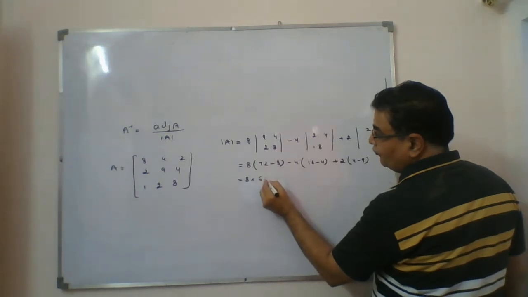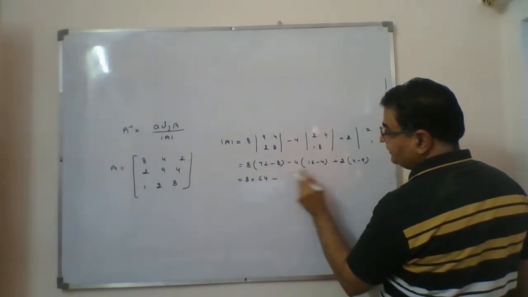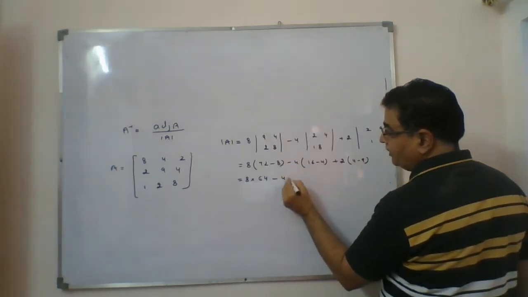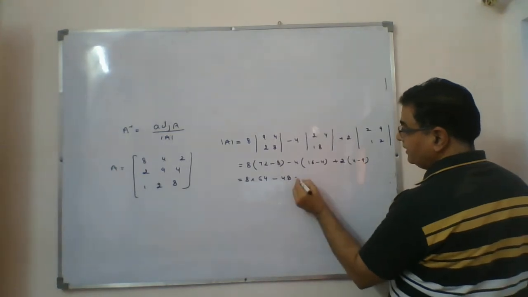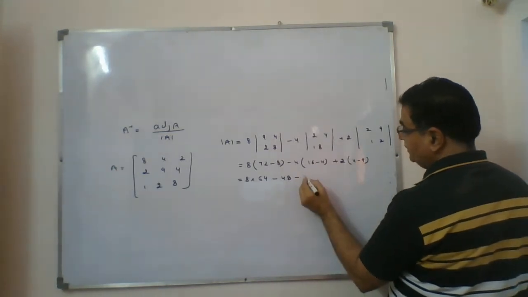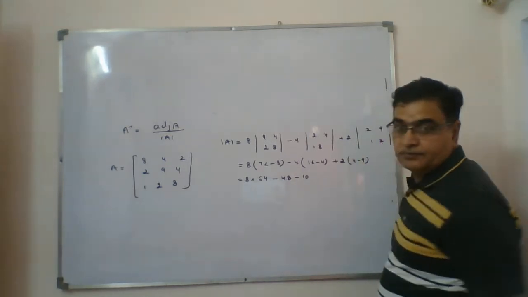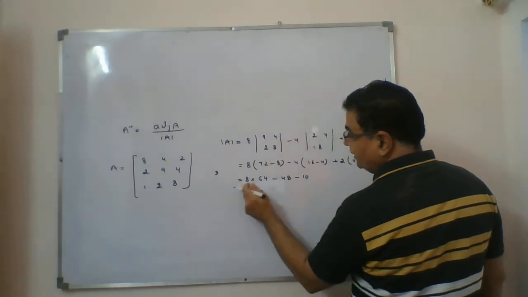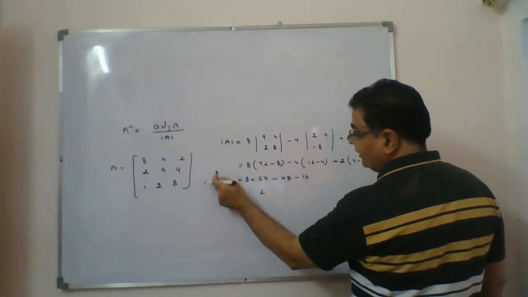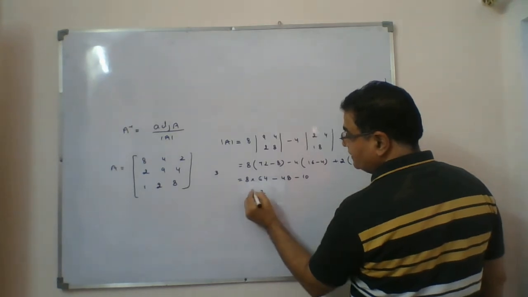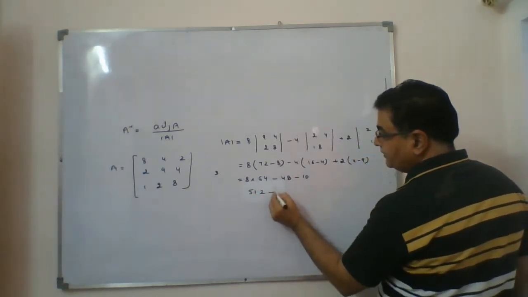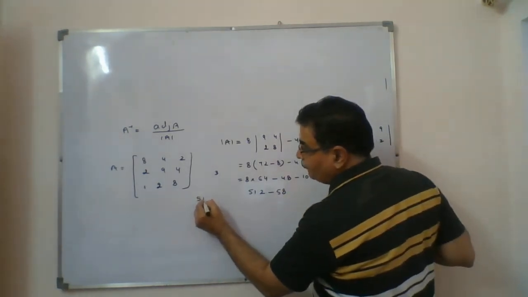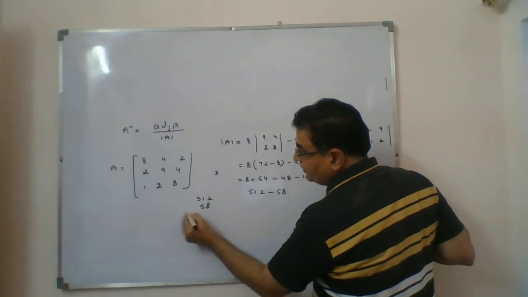Now when you solve it, it will be 8 into 64, minus 4 times 12, which is 48, and then plus 2 times minus 5, which is minus 10. So 8 times 64 is 512, minus 48, minus 10, which is 512 minus 58.